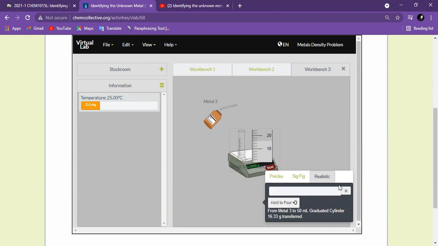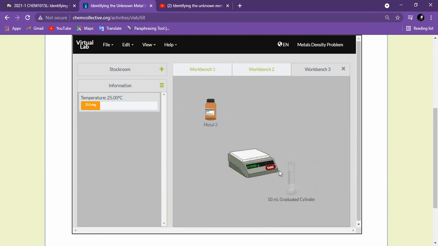So now you can proceed to measure your graduated cylinder, and the mass is 415.2982 grams. So now you can proceed to subtract the empty cylinder mass from that.